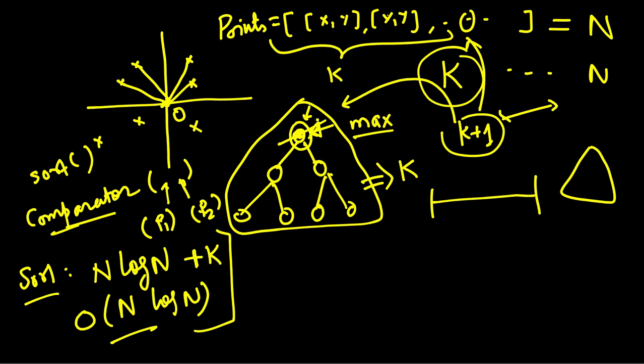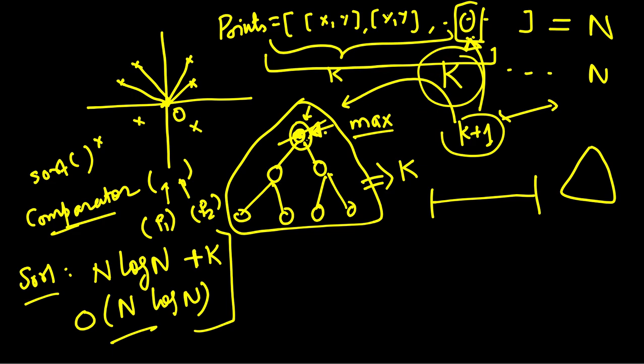We want to get rid of maximums. So when we look at the k plus 1th element, what will be the maximum of these k plus 1 elements? Max of k is this top root and this one. So whichever is the max among these, that is this root or this point, will be the maximum.